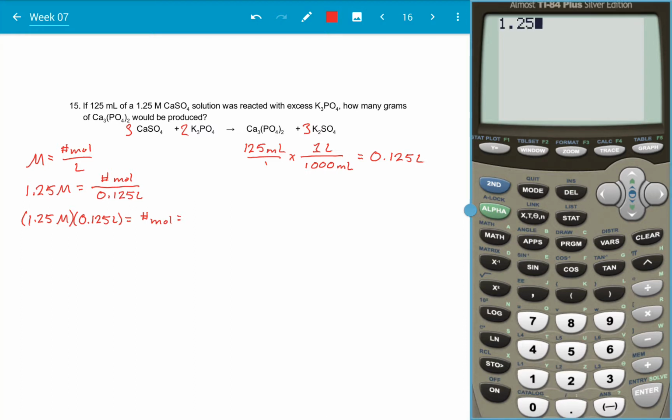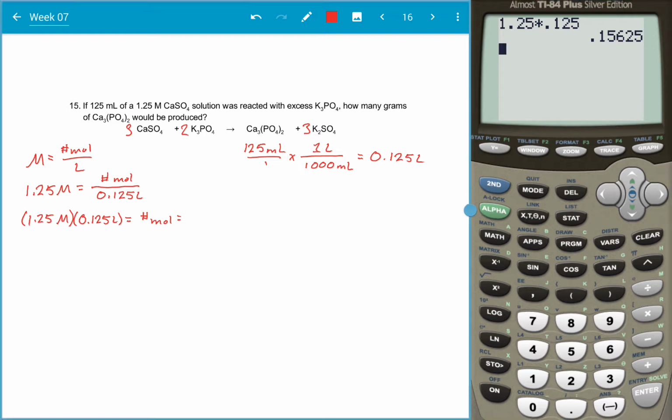So 1.25 times 0.125 gives me 0.156 moles of calcium sulfate. But we're not done yet. First thing that I notice is that that's not the chemical the question asked about. So I need to do a little stoichiometry.